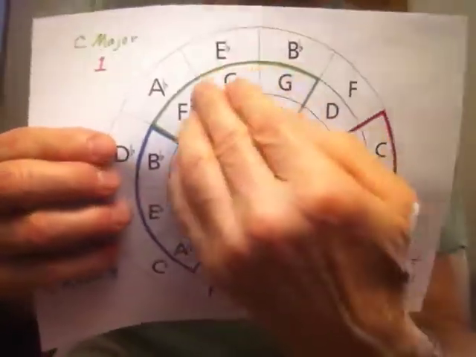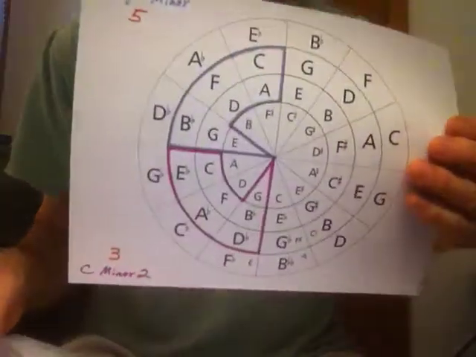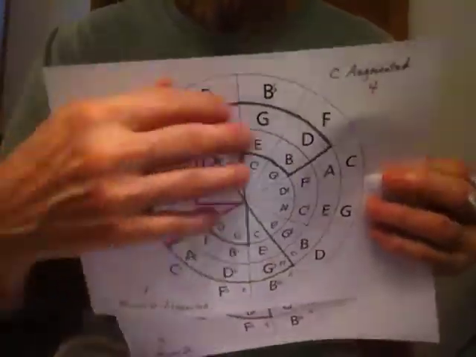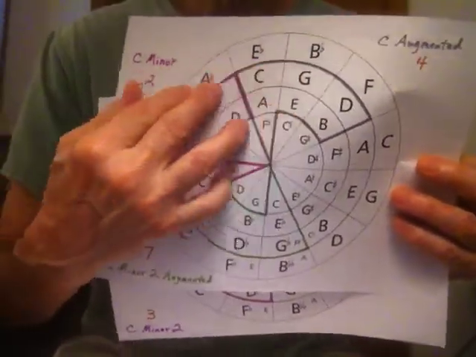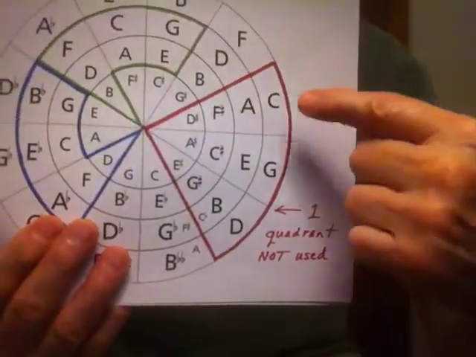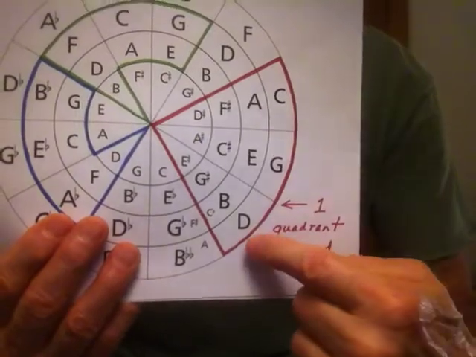When you slide it all around to get all your other scales and modes, you'll notice that one quadrant is not used. You see, this quadrant is not used.